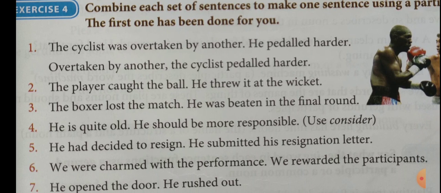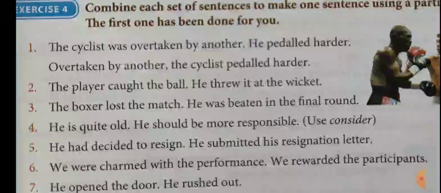The subject of the first is omitted, and in the second, he is omitted. In this place we use a real subject, that is cyclist, a noun. So overtaken by another, the cyclist pedaled harder. Who was overtaken?